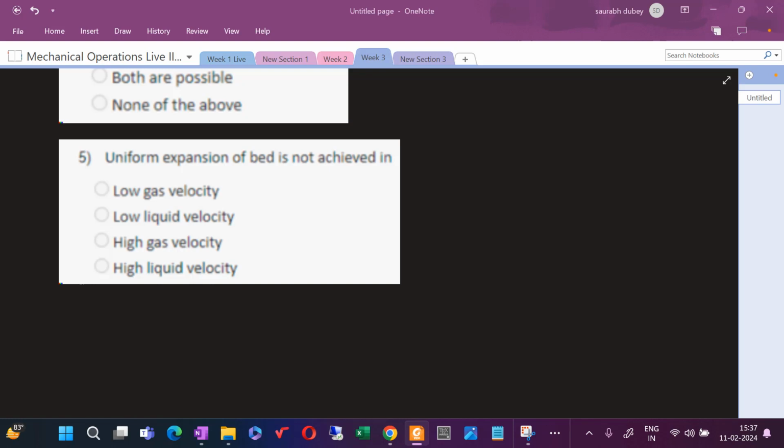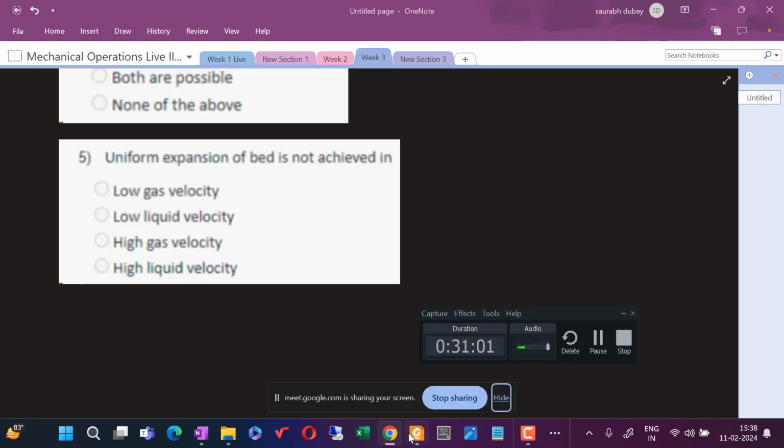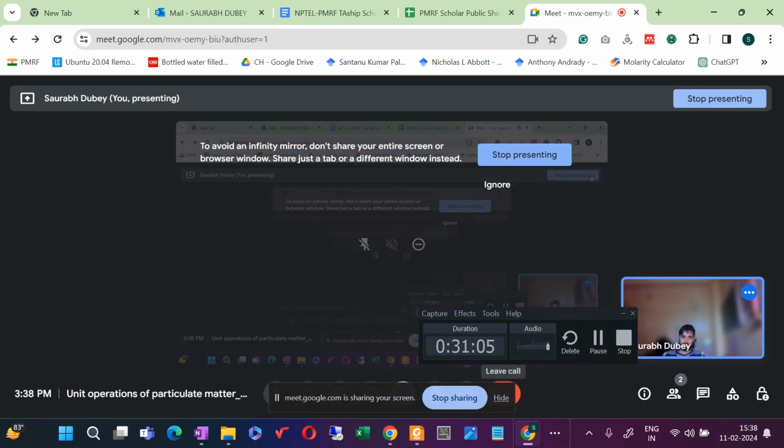For the liquid fluidization, if the liquid is flown from the bottom, that is the liquid fluidization, and in that case you know that this particular thing is correct.